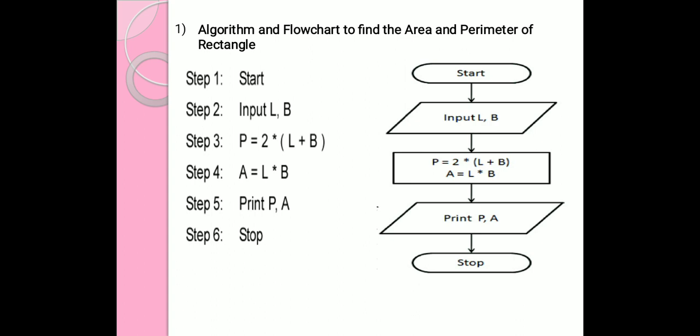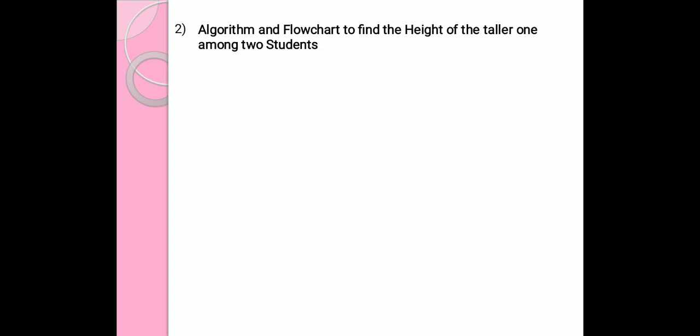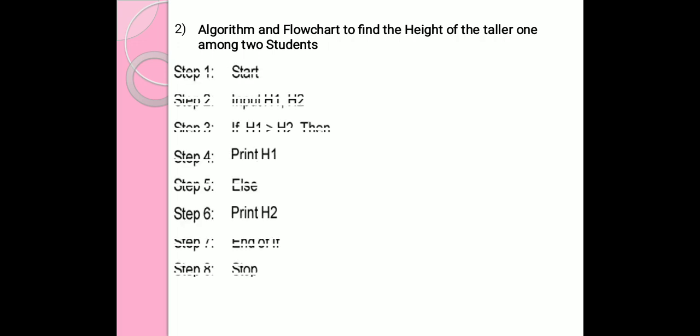And the next is the algorithm and flowchart to find the height of the taller one among two students. How to find the taller one from two students? Input the heights and compare the values using the less than or greater than symbol. So here the algorithm is: step 1, start. Step 2, input h1 and h2 as the two heights.